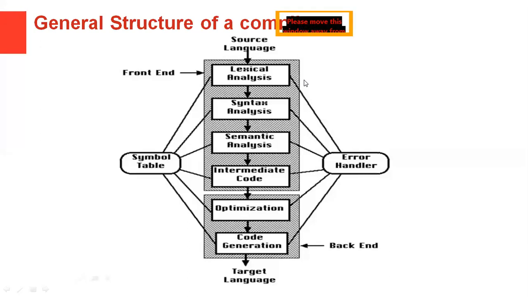So what is single pass, what is two pass? Already in the previous class we discussed that. And what is the language processing system? The language processing system is also called the cousins of a compiler. We take one source program, which is delivered to the preprocessor.